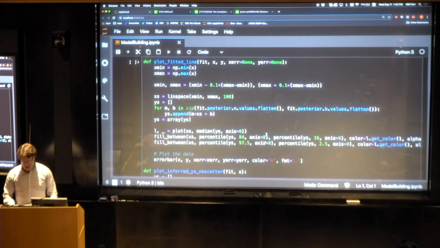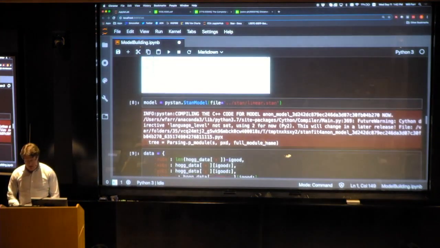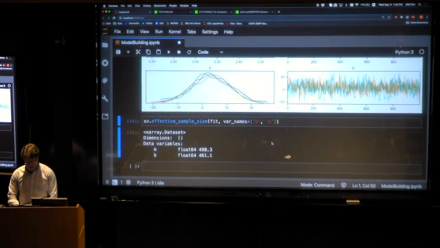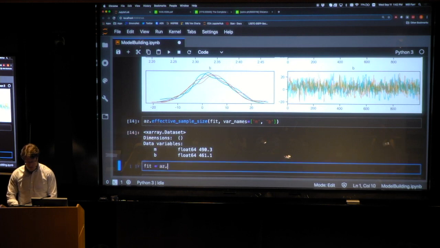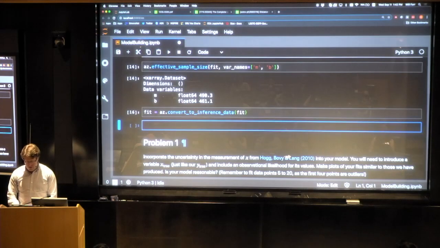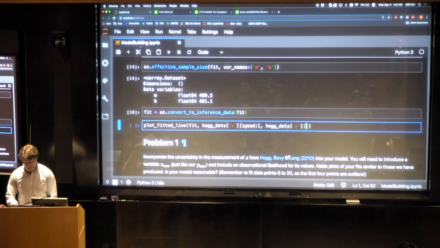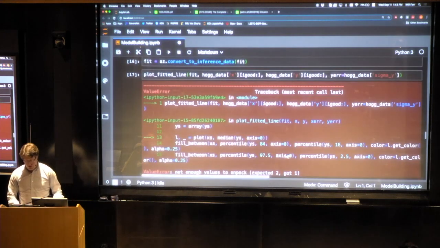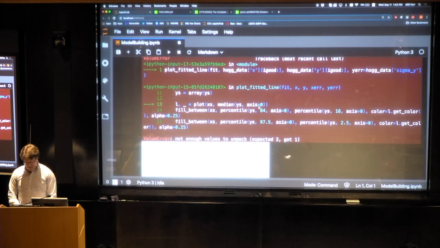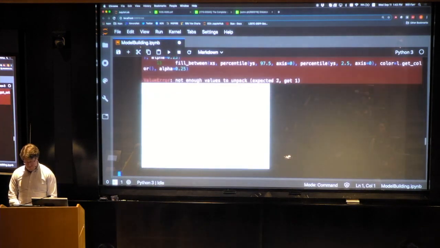So I'm going to just enter that into the library, and then we're going to try it. First, I'm going to get the fit in a little bit more convenient format. There's a line.